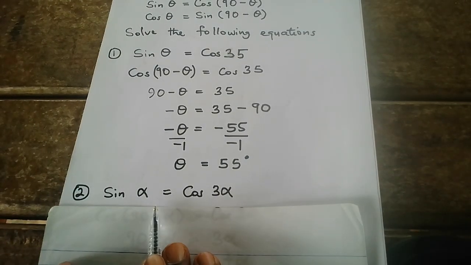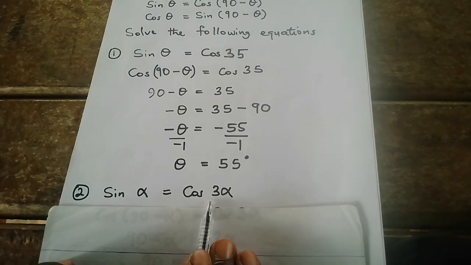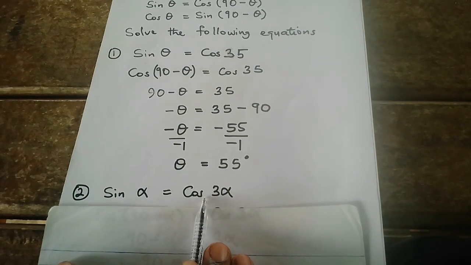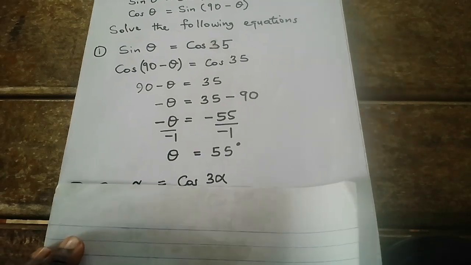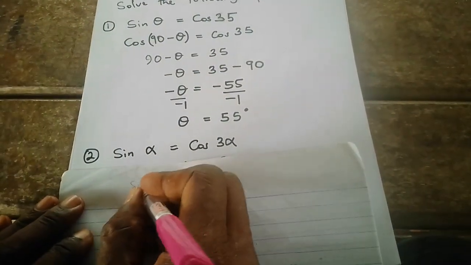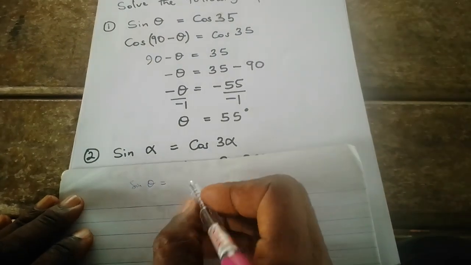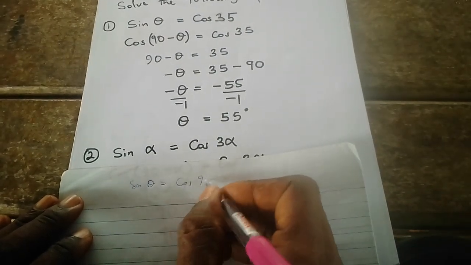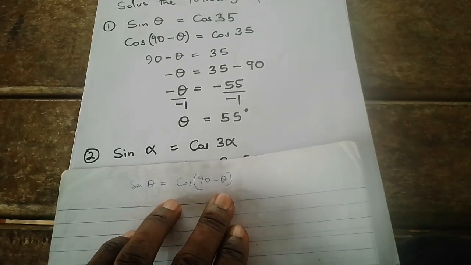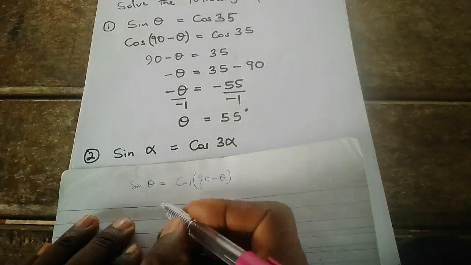Now let's consider another example. If sine alpha equals cos 3 theta, according to the identities, you know sine theta is equal to cos 90 minus theta. Now, here you have alpha, so in place of theta, you just represent it with alpha.